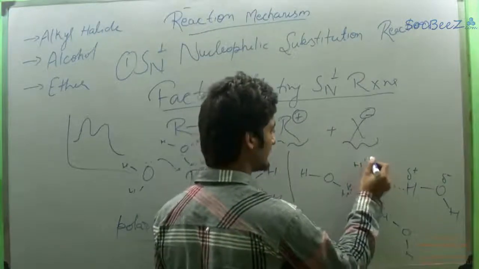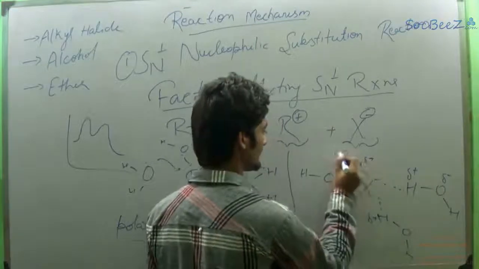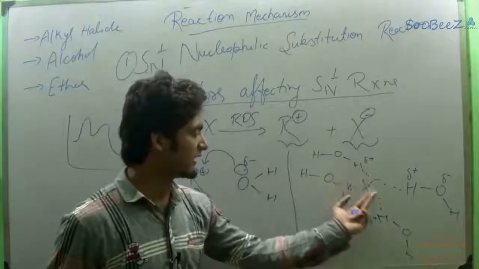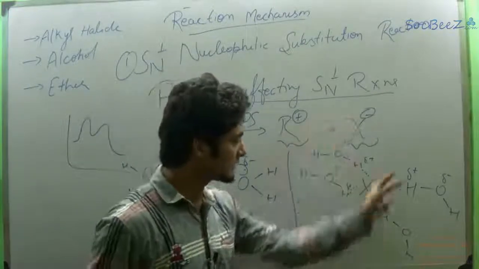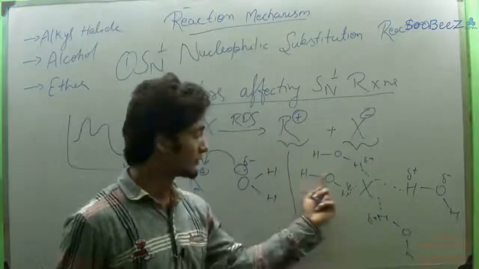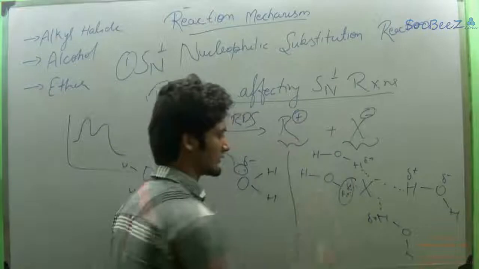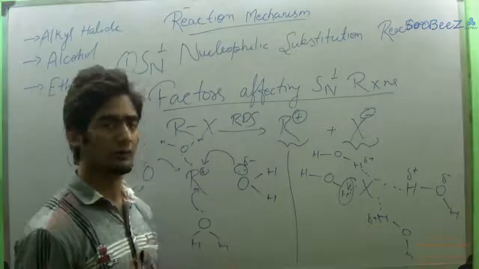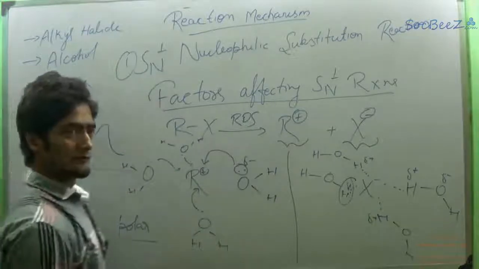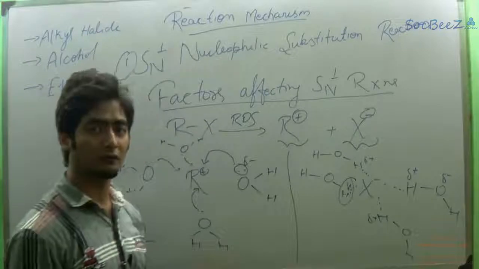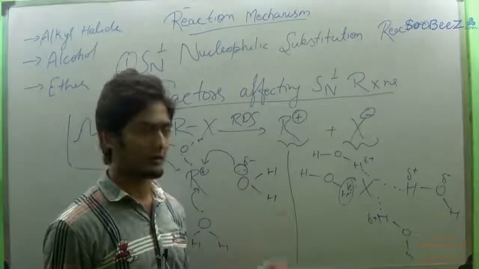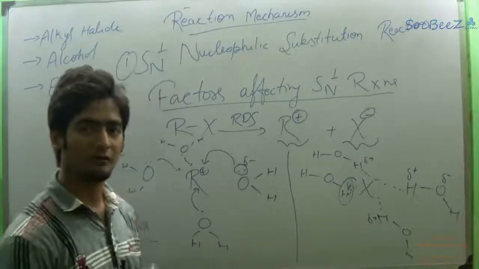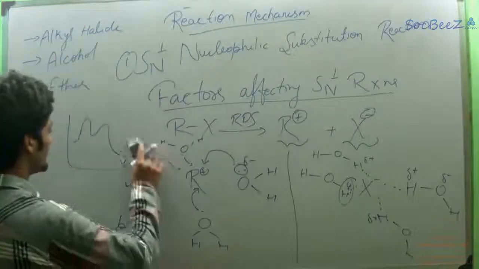There will be one more. See how beautifully it stabilizes our negative charge by making a shell around it. So here comes this protic thing into the picture. Hence, a polar protic solvent is very useful in an SN1 reaction. Sometimes the effect is so tremendous that if we change this polar protic solvent into a non-polar aprotic or even a polar aprotic solvent, the reaction vanishes. It doesn't happen at all.